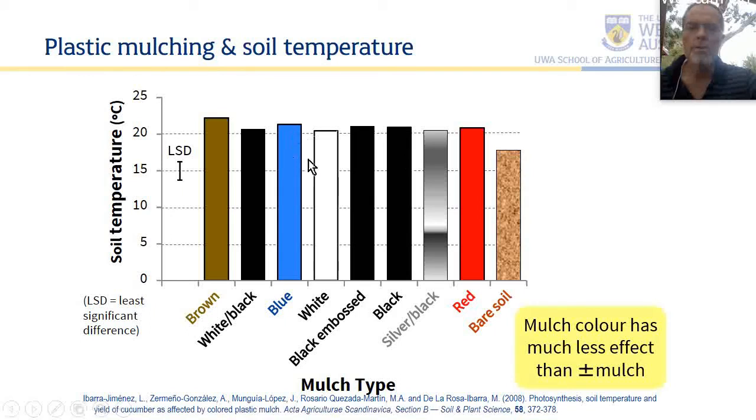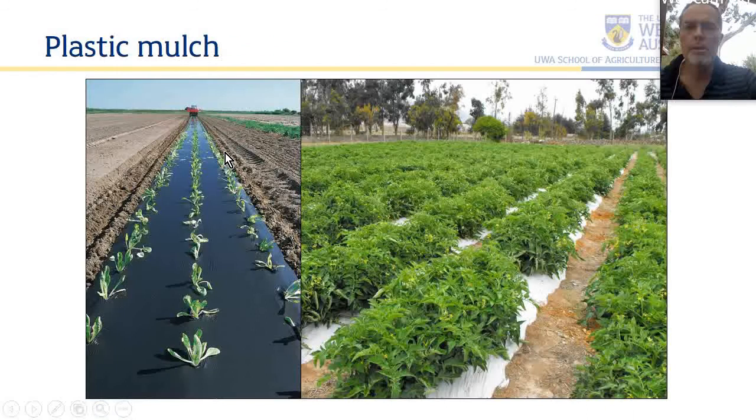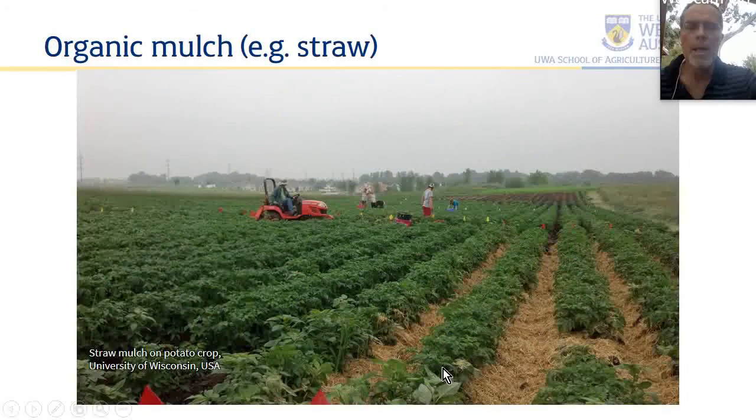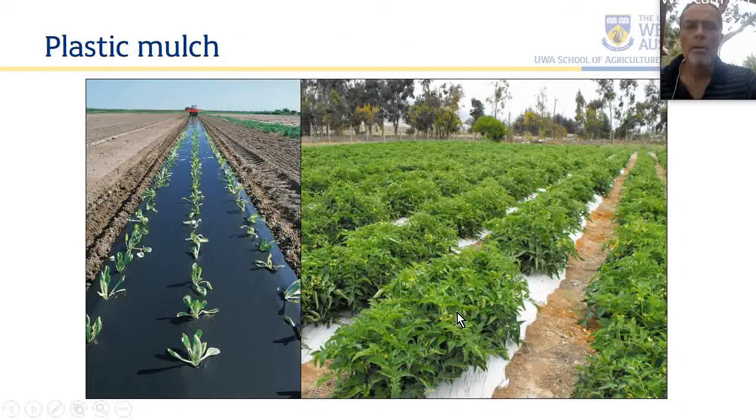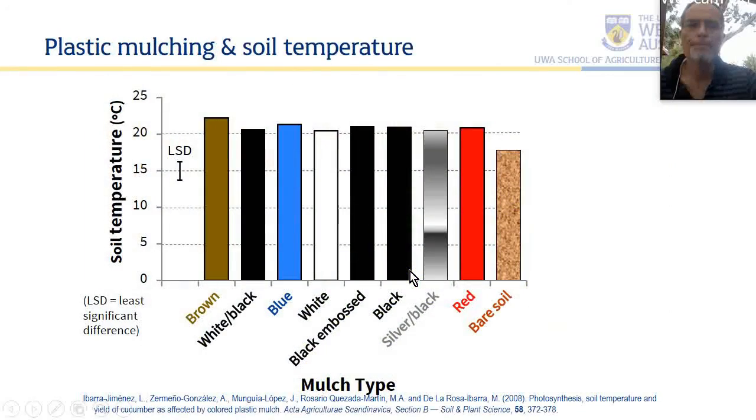There's no significant difference even between white and black mulch plastic, but there is a difference between the mulch, many of them, and the bare soil, which is what you would expect. The mulched soils in this case are warmer. Whereas an insulating mulch, like an organic one, might cause lower soil temperatures, often the plastic mulches are used to retain energy in the soil and raise the soil temperature.